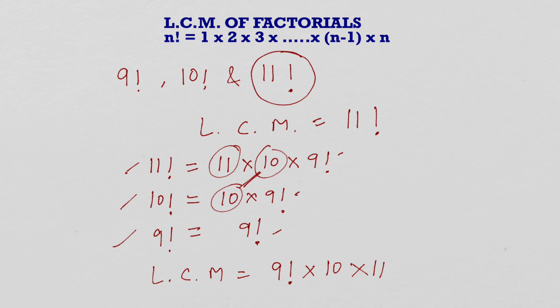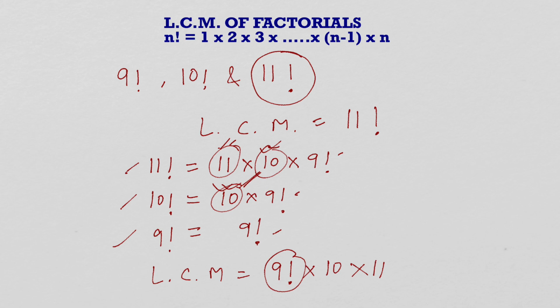In LCM, first we write the common terms in all 3 terms, which is our 9 factorial, and then we see what else is there. We never repeat it. If it is given 2 times, we are not going to write it in the LCM 2 times. We'll simply take it 1 time, and 11 is only written 1 time, so we simply write it.